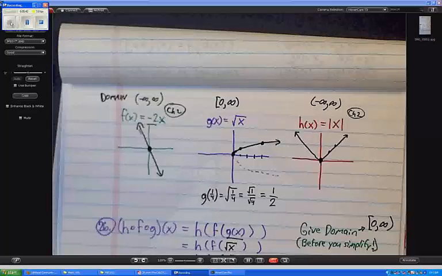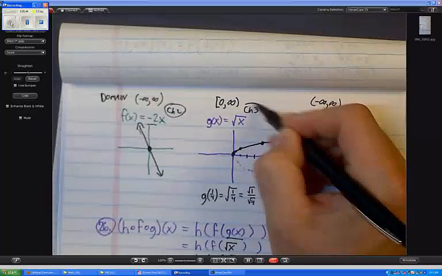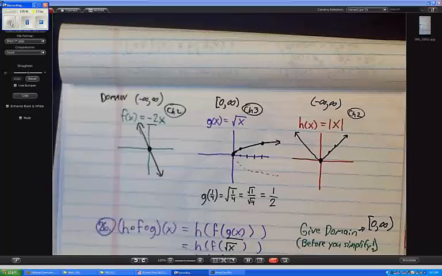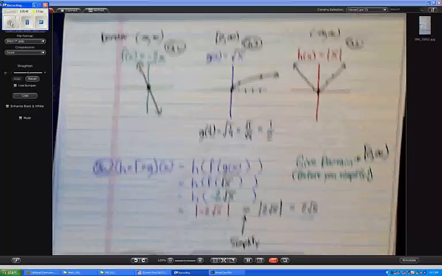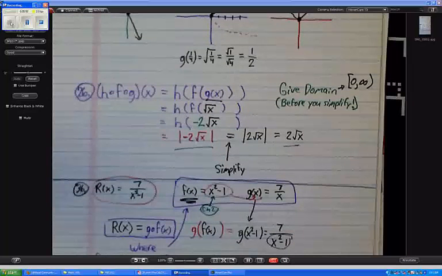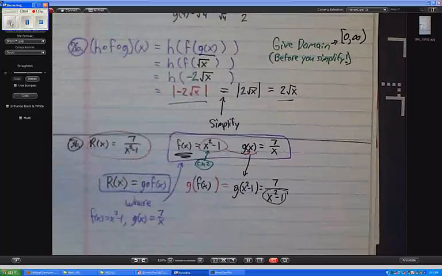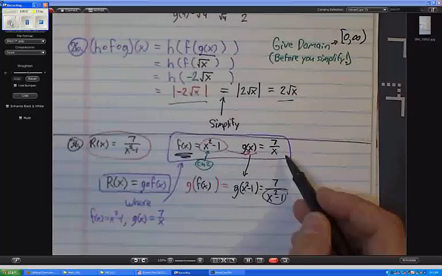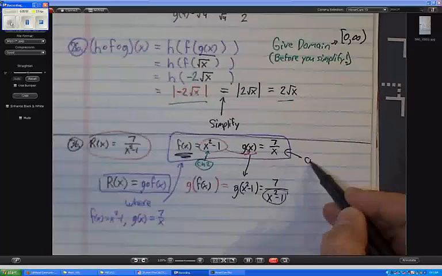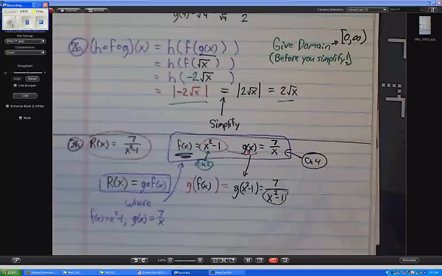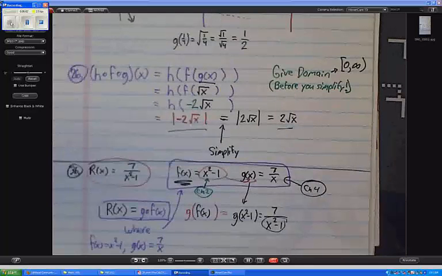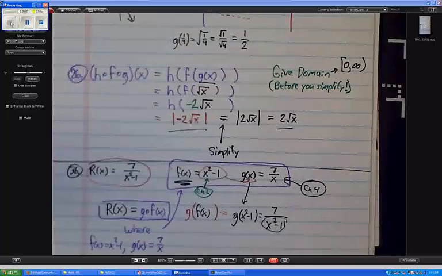What about this one? Going way back down to this other g of x I just used. It was 7 over x. I don't know if you know what that looks like. But we'll cover it in chapter 4. So when I said that this course is a course in different kinds of functions, it really is. And then in the end, you can graph all kinds of stuff by composing the functions, putting them together.